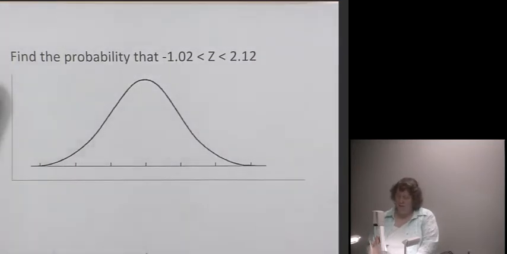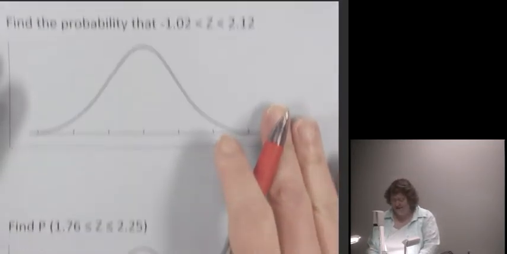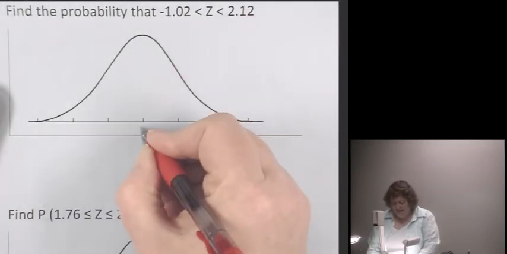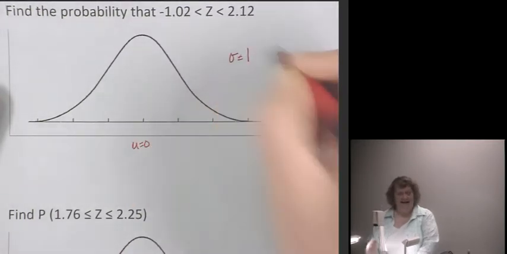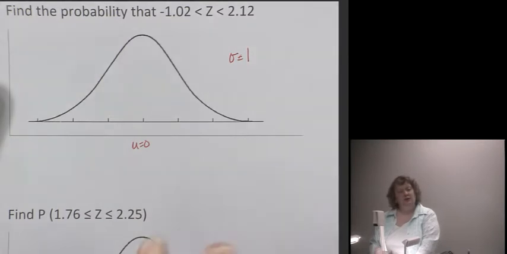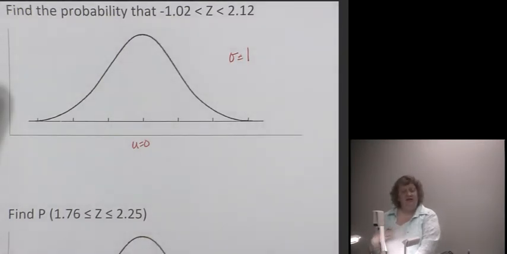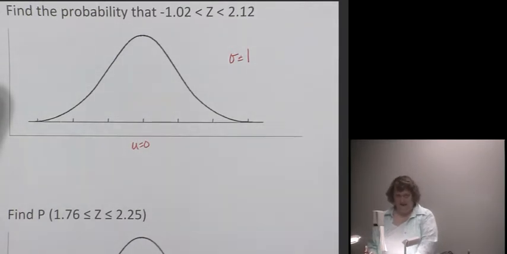So this time I'm going to remember to graph it first. And so again, the mean is 0 and the standard deviation is 1. I cannot emphasize that too much because when we get to the next section, that won't always be the case, and we'll have a step to do before we get to this step.